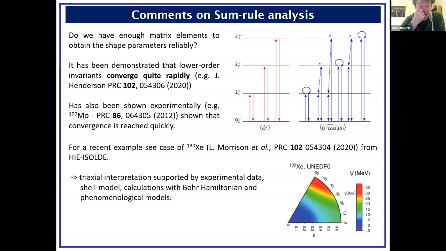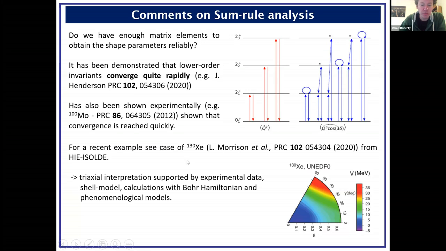And I just flash this up as information, really, for a recent example where we've made use of quadrupole sum rules analysis in order to determine triaxial deformation. See this case of xenon-130. This was analysis led by Lisa Morrison, who's a PhD student at the University of Surrey.